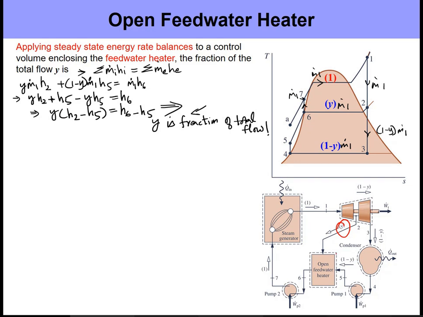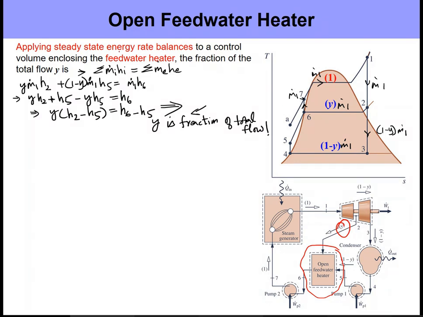It's a very simple formula. You simply have to apply an energy balance, right? I would recommend you understand how this is happening rather than trying to remember the value for Y, because the value for Y depends on enthalpies, and what state one and state two are can change from one system to the next with some modifications. State one, state two would be different every time, so you've got to be careful about that.